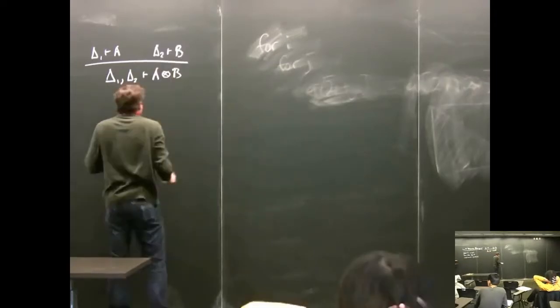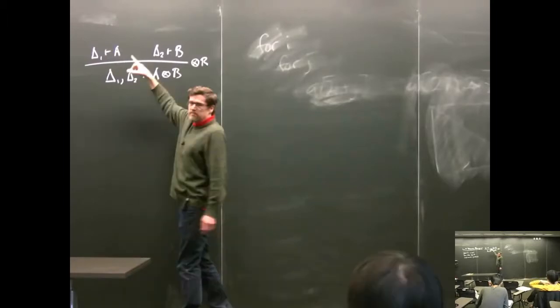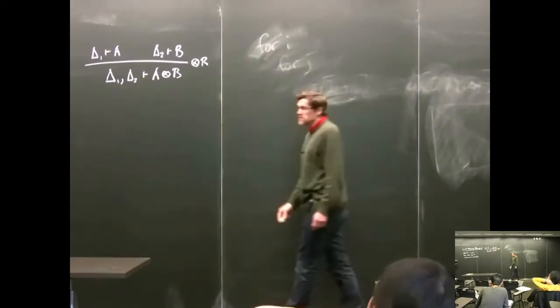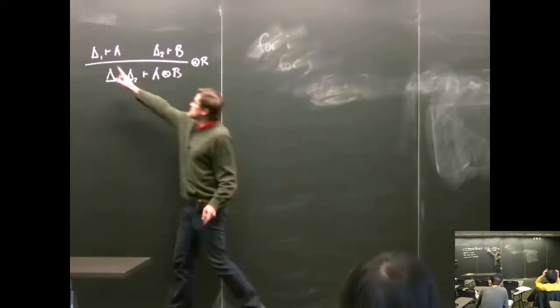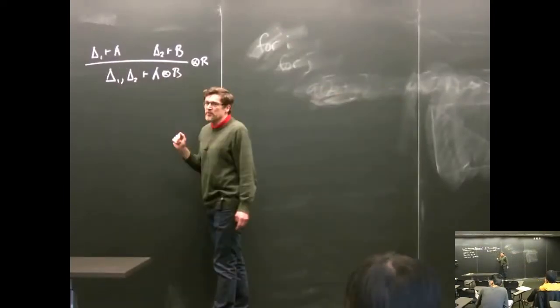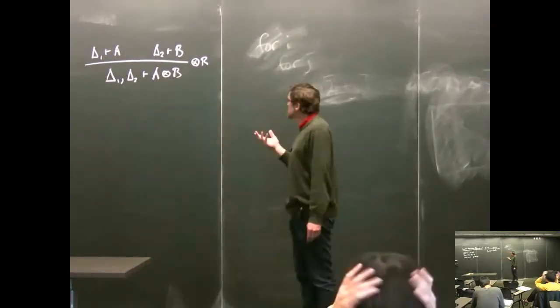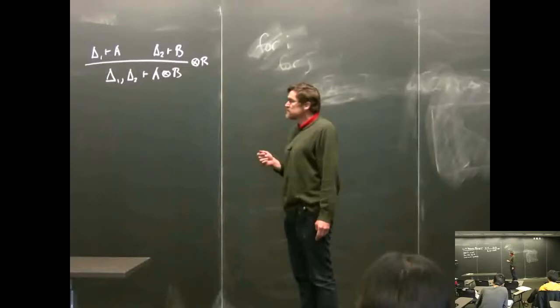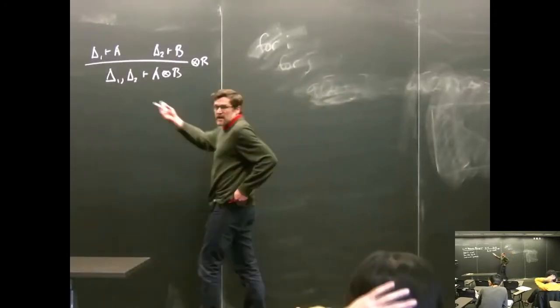Okay, if you're thinking about this rule bottom up, you have to find a way to split the context and put some resources over here and some resources over there. And if you don't have the proof yet, you have no easy way, at least, to know what should go there. And so the idea is that you propagate all the resources to the left.